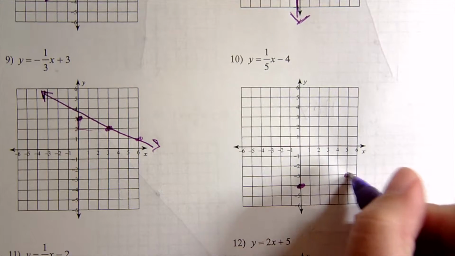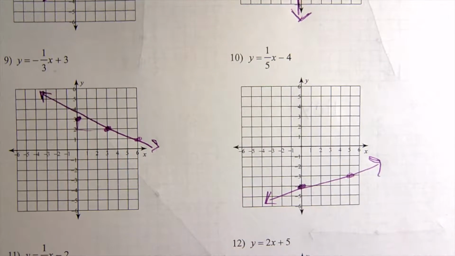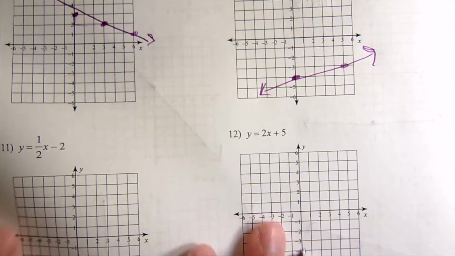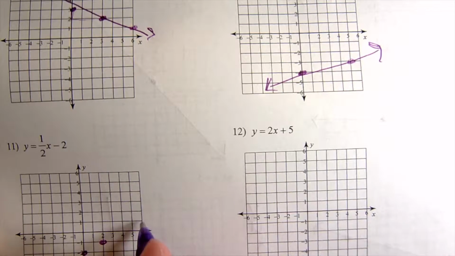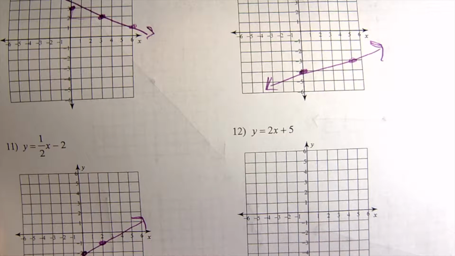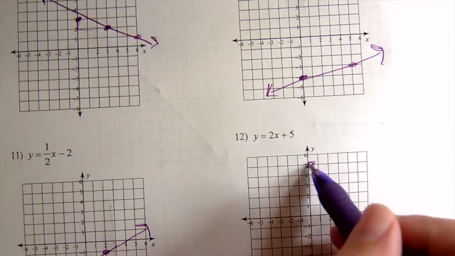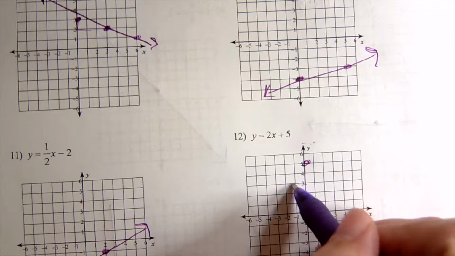Up 1 over 5. Number 11, what's the intercept? -2. What is the slope? Up 1 over 2. Number 12, what's the intercept? 5. What is the slope? Up 2 over 1, but I can't do that, so down 2 and backwards 1.